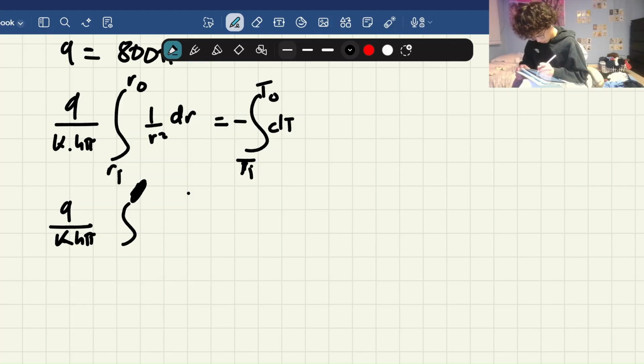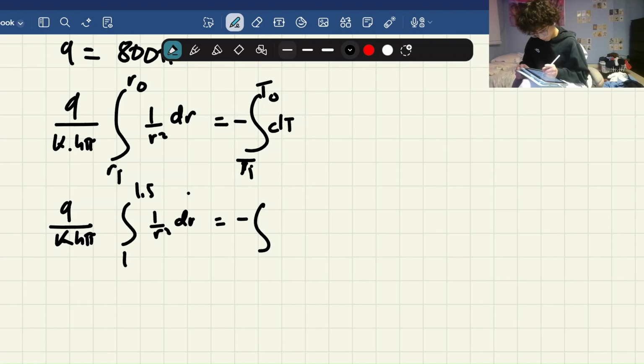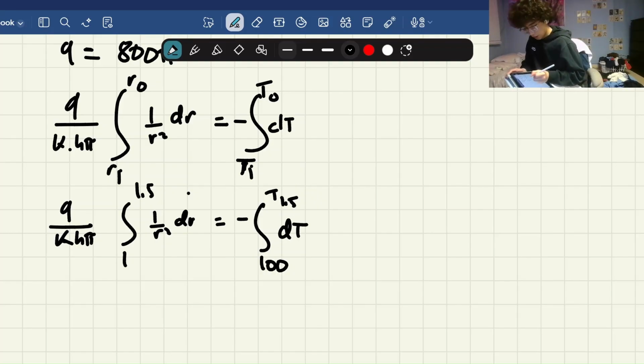It's gonna be 1.5 and 1. So this is where we run into the problem. If we skip the first step, we don't know the value for the temperature at 1.5 meters. So we're gonna have an extra variable that we can't solve.